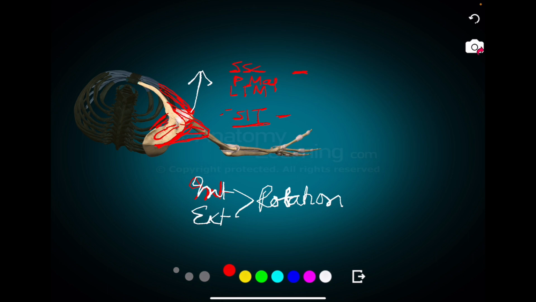This deltoid will abduct, but the anterior fibers of the deltoid will flex. It is divided into three.